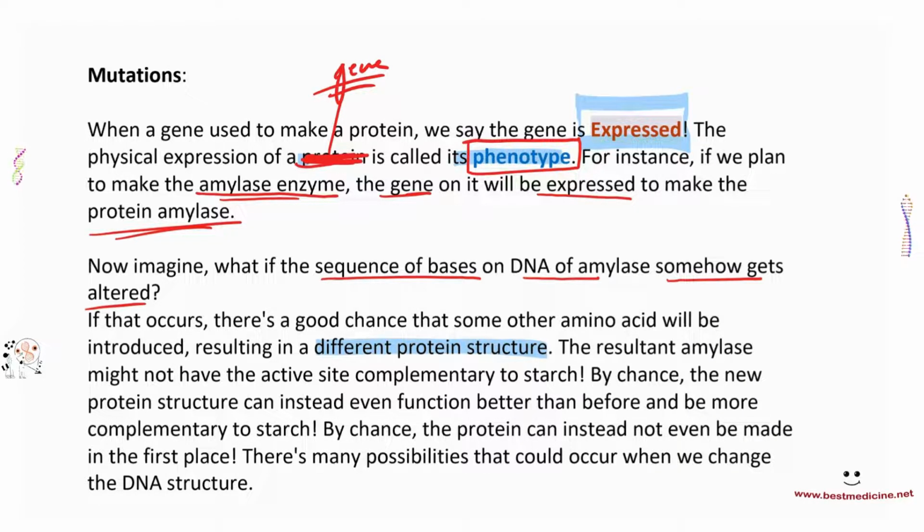If there is a different protein structure, maybe the resultant amylase might not have the same active site, so it might not work, right? Or by chance, the new protein structure can instead even function better. Maybe it has an even better site for starch than the previous one. Or by chance, the protein can instead not even be made in the first place. So there are many possibilities that occur when we have mutations, when we change the DNA structure.